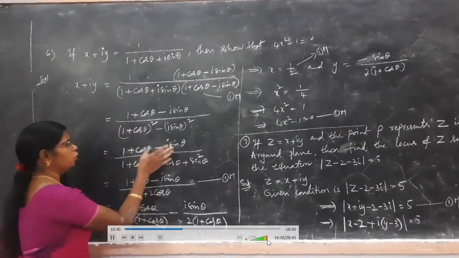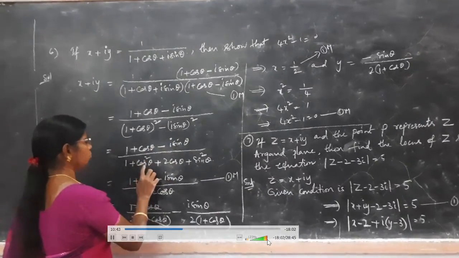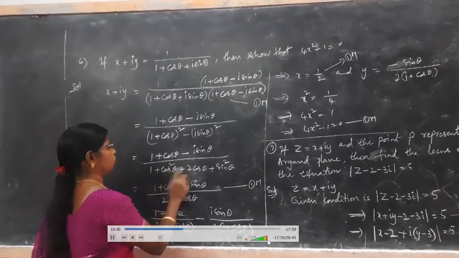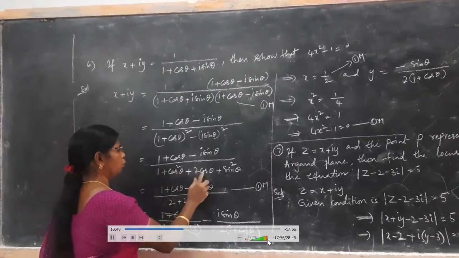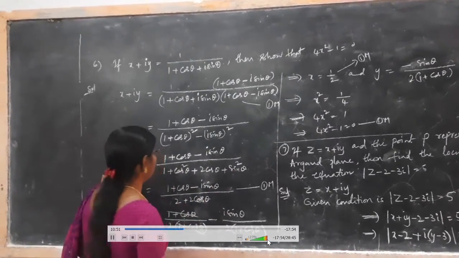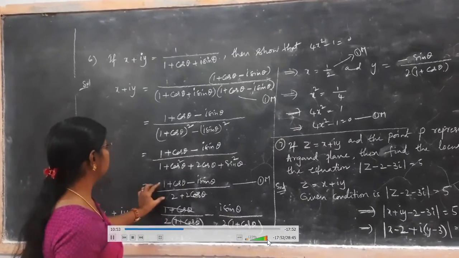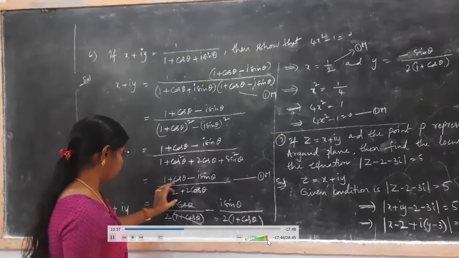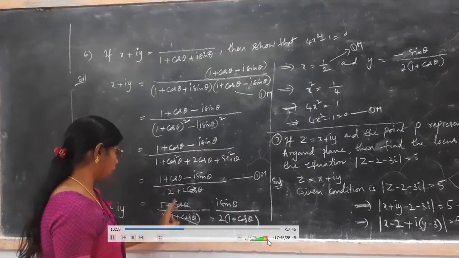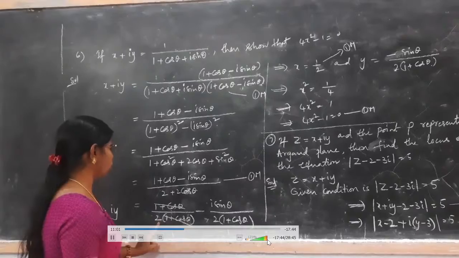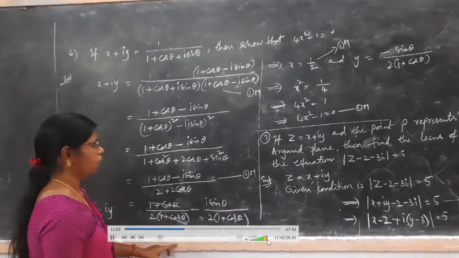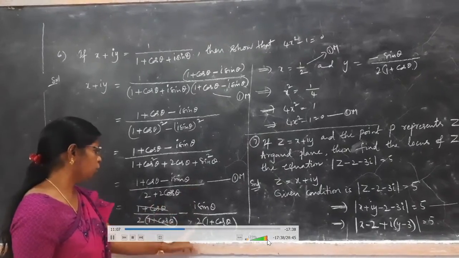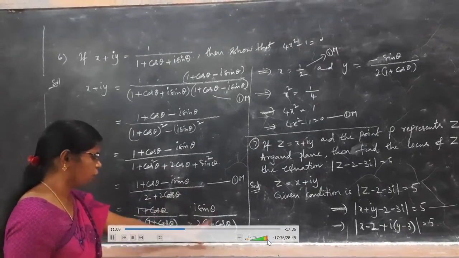Now here the numerator remains the same, cos square theta plus sin square theta is 1. 1 plus 1 is 2, plus 2 cos theta, that's all. And now separate the real part and the imaginary part here. 1 plus cos theta by 2 plus 2 cos theta, take 2 as common, and this term will be cancelled out. Here also minus i sin theta by 2 plus 2 cos theta.